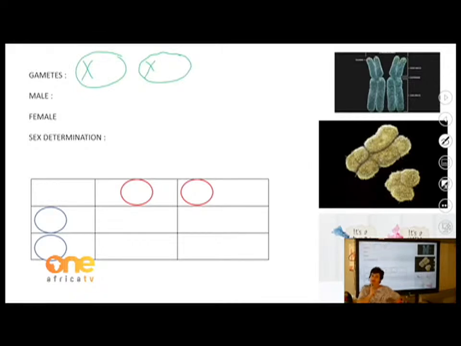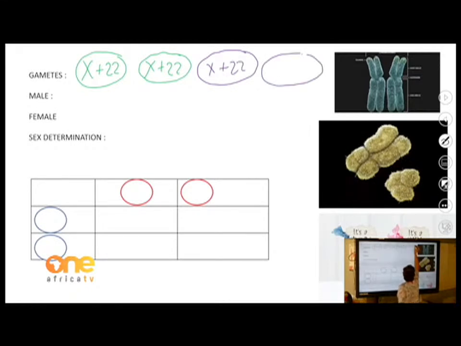But remember, that is not the only chromosome. There are 22 other ones. So if I have to state a gamete, I will write it like that. If I look at the male gamete, it will look like this: X plus 22 or Y plus 22. That is how a gamete looks if I write down all the chromosomes.